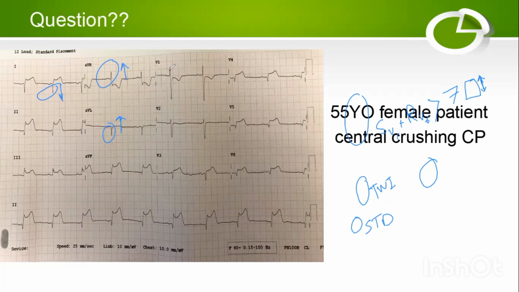In V1 we see RS, V2 RS, V3 RS, V4 RS, V5 RS, and V6 RS, from the largest to the smallest. It is zooming at V1 with a mirror image from V1 to V6, so it's dextrocardia. So this 55-year-old female patient has acute ischemia and dextrocardia. Thank you.